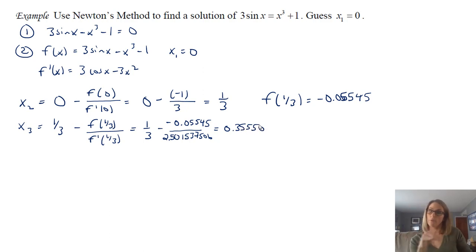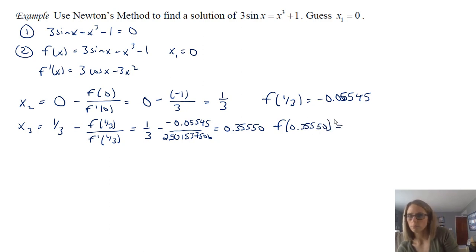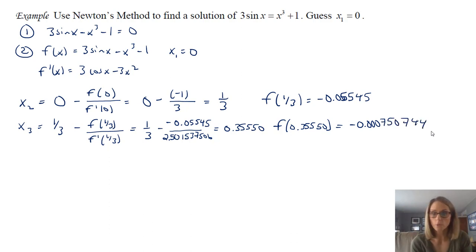Notice 1/3 is 0.3333333, so I'm not that much different from that. I'm getting closer to whatever the true root is. If I put that 0.3555 into my original function, I'm going to get negative 0.000750744. So I'm getting closer and closer to 0 here.